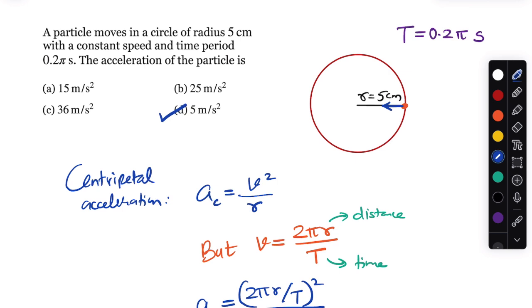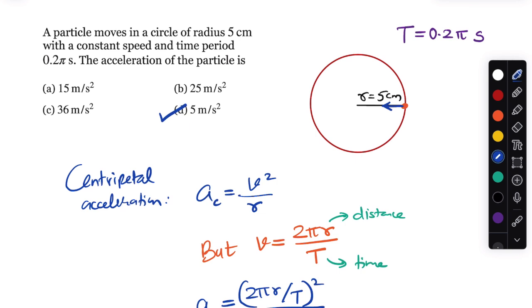So one thing to be aware of here is that often in problems, firstly we need to be aware of the formulas that are required to solve a given problem. But here, just knowing the expression for centripetal acceleration is not enough.